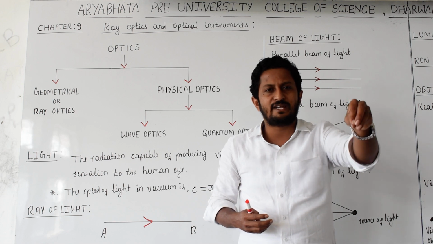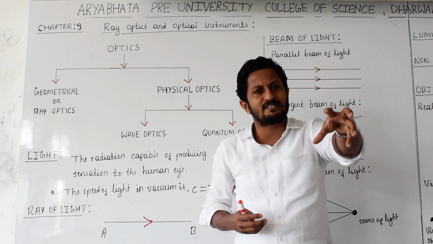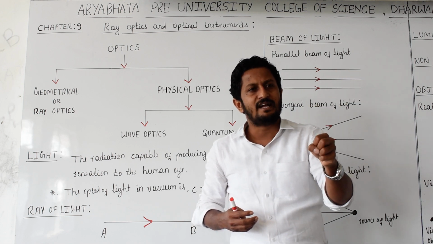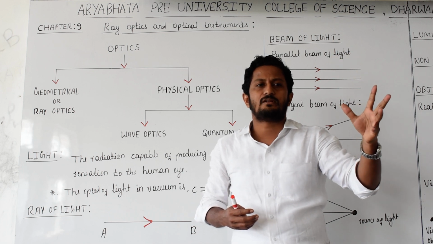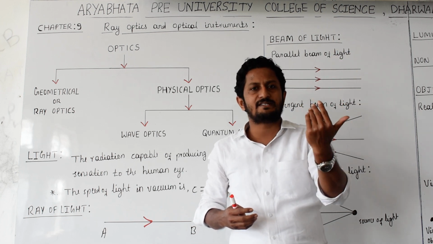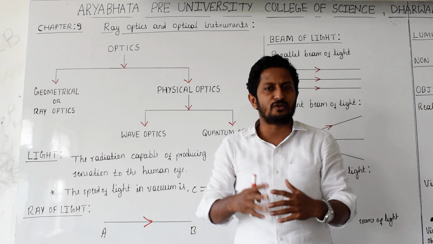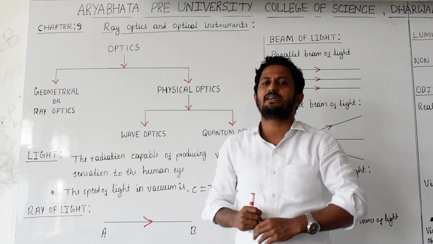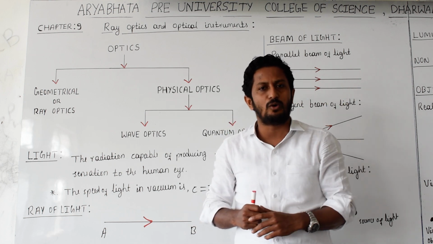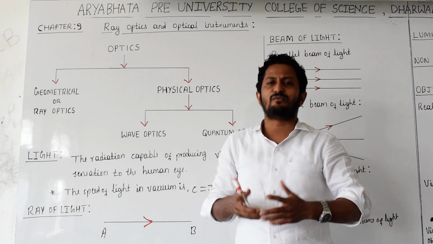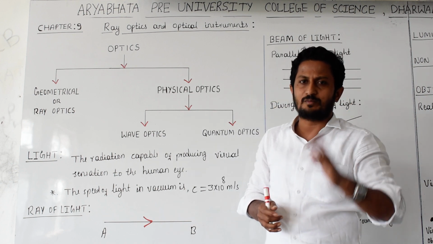The objects again absorb that energy and re-emit it in all directions. Those re-emitted light rays fall on your eye lens and produce the image of those respective objects. Then your brain will feel the presence of objects.